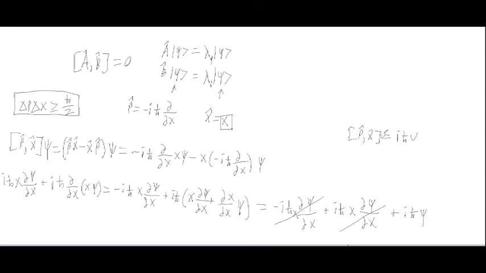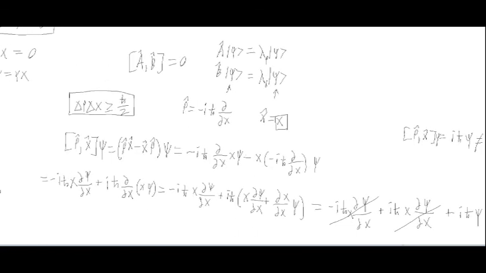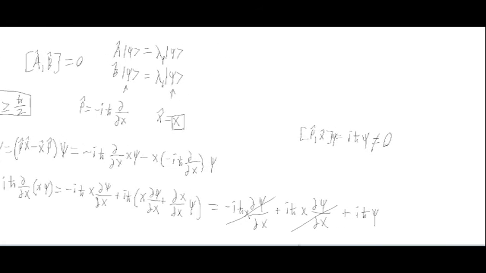So this operating on our psi here is equal to i h bar psi, which is decidedly not equal to 0. And so that tells us, going back to the interpretation here, the first interpretation, as I said, is that if operators commute, then they share a set of eigenfunctions.